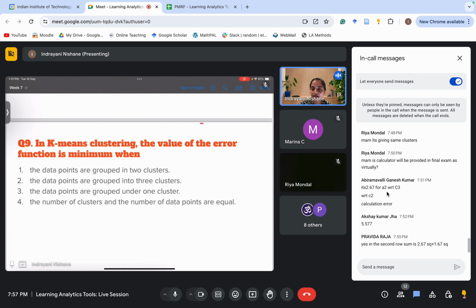Question 9. In k-means clustering, the value of the error function is minimum.